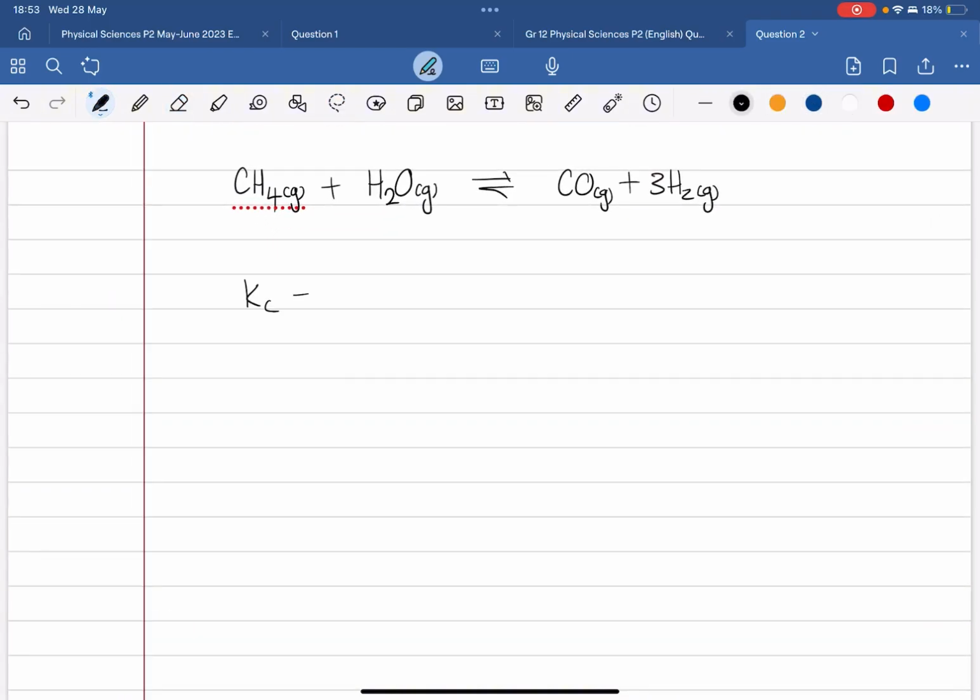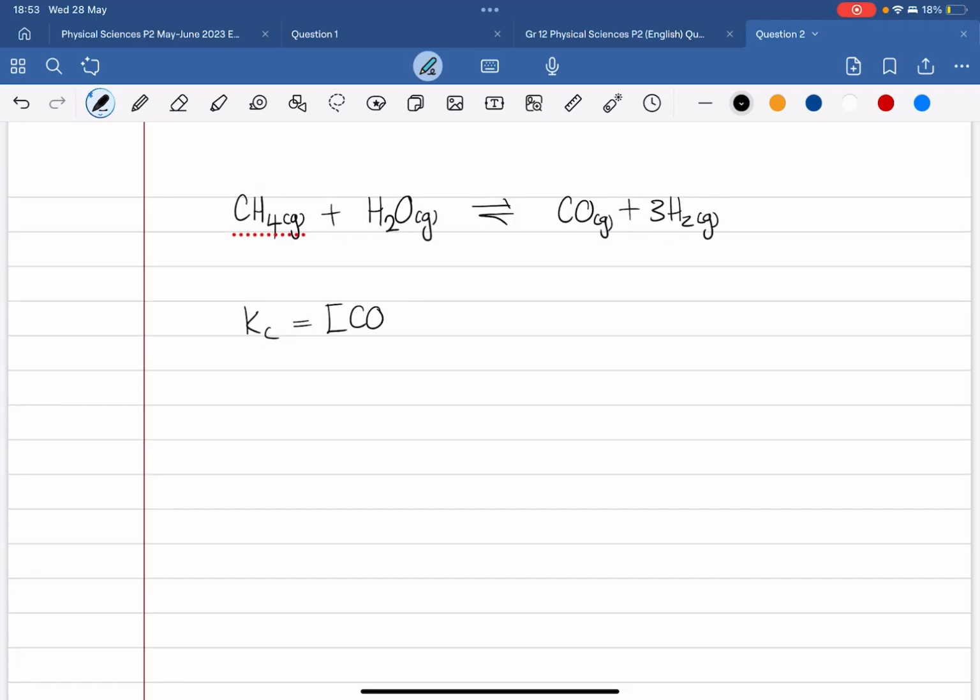So Kc, remember, is equal to the concentration of the products. So my products, I've got carbon monoxide, 1 mole of carbon monoxide, and 3 moles of hydrogen gas. So this is to the power 3, divided by my reactants, which is CH4, methane, and steam, H2O. 1 mole of steam and 1 mole of methane.